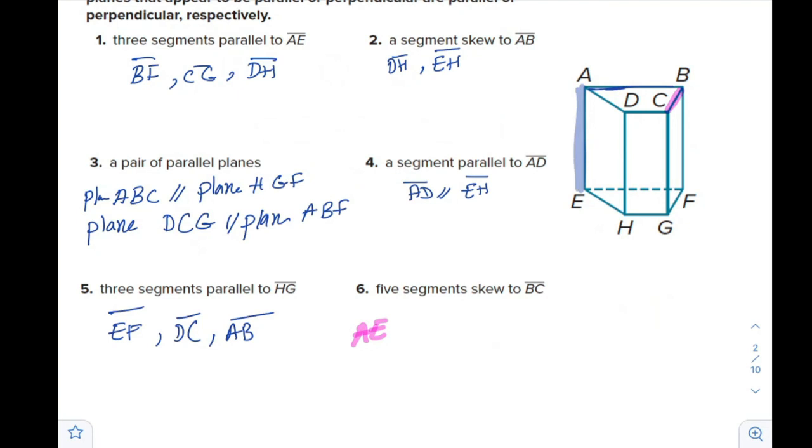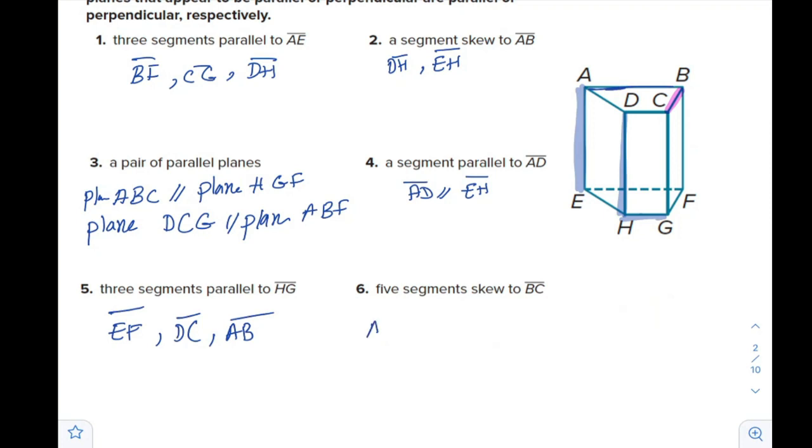What else? DH is okay as well. What else? Now HG is okay. So we have many. We can name many. 5 segments that are skew to BC.